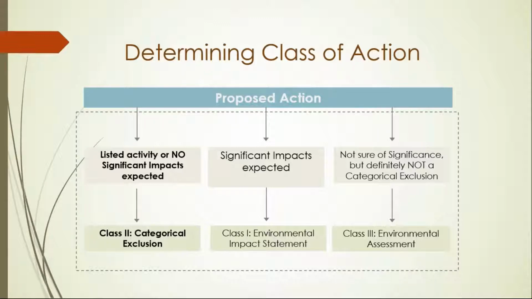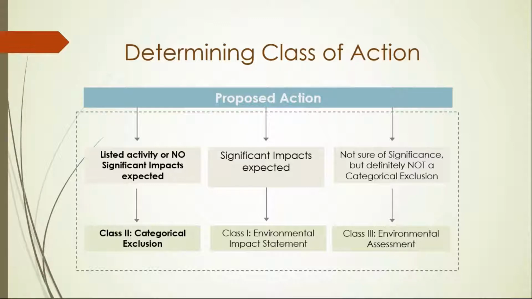Projects with significant impacts require the development of an environmental impact statement, or EIS. Projects with a question of significance require the development of an environmental assessment, or EA. And projects with no significant impacts are categorically excluded from the development of an EA or EIS.